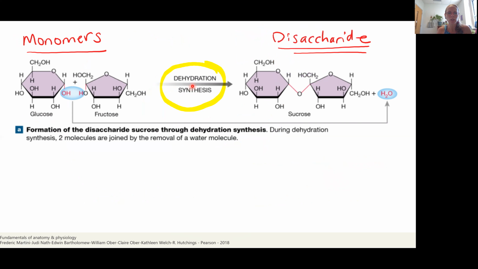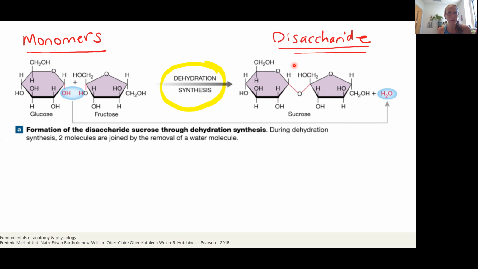Remember, dehydration means to remove water, so we're going to pull out a hydroxyl group and a hydrogen here, and that's going to form water. H2O is, of course, water. And so we still need to complete the bond with oxygen, and so that's going to be the bond that's linking together these two monosaccharides into a disaccharide.